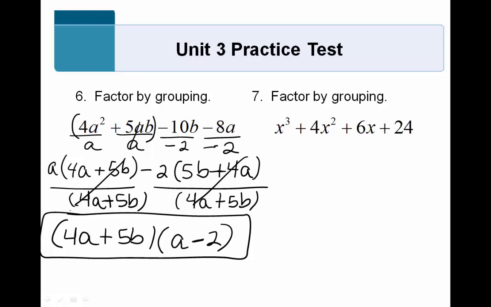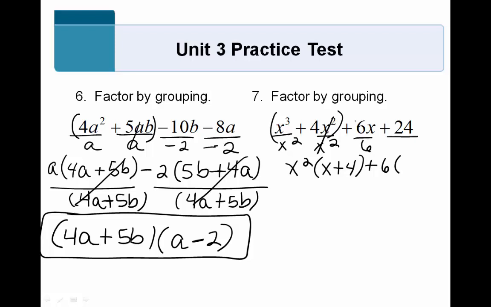All right, this is our last factoring by grouping. So let's factor an x squared out of these first two terms. Divide by x squared on each of those, and I'm left with x plus 4. I will factor out of here and here a positive 6, left with x plus 4.